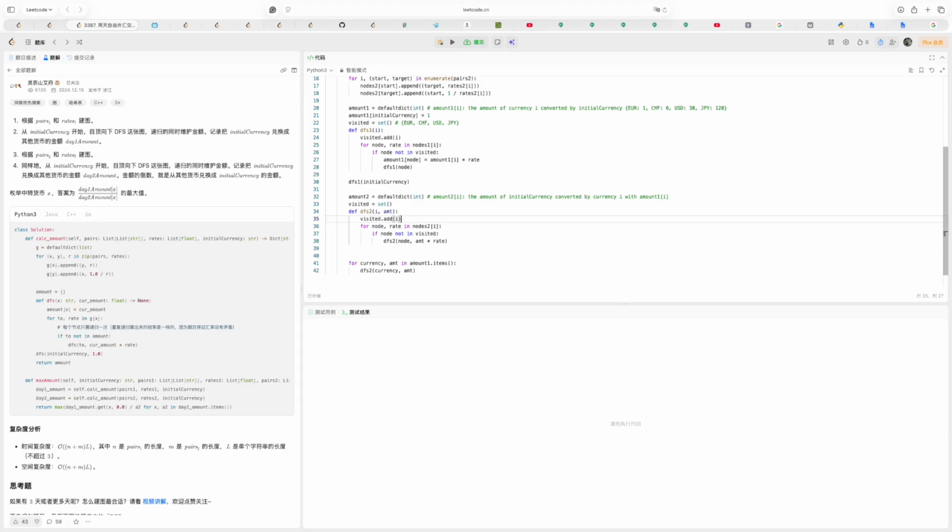And yes, if I equals initial currency, then we will have amount 2.